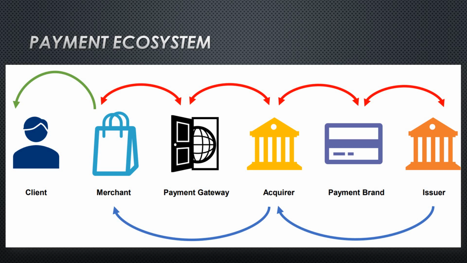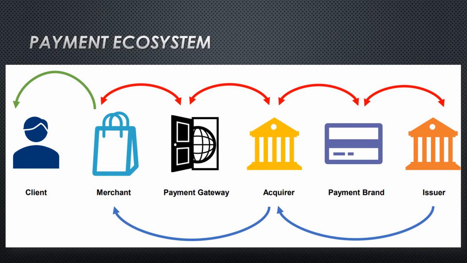In the payment ecosystem, there are multiple roles: client, merchant, gateway, brand, acquirer, and issuer. So let's discuss it with an example. Say I go to any XYZ supermarket for groceries. In this case, I am the client who will buy something. The supermarket that accepts the payment against my purchases is the merchant.